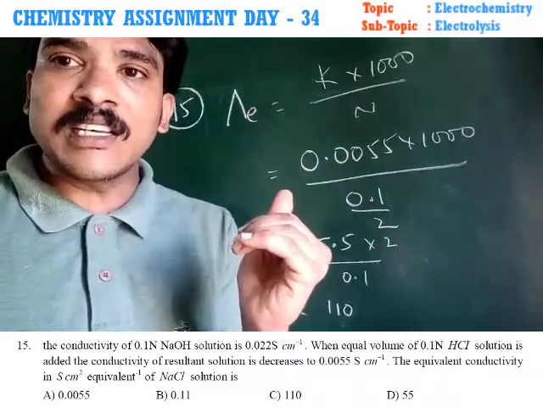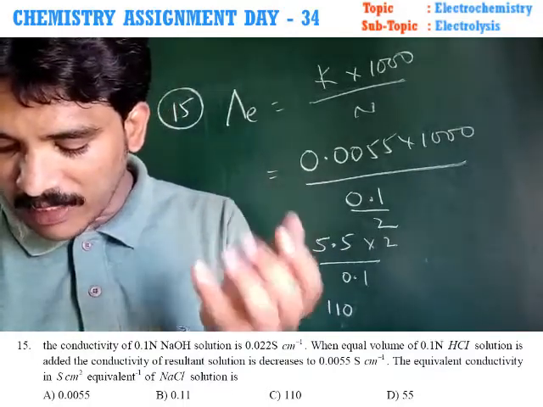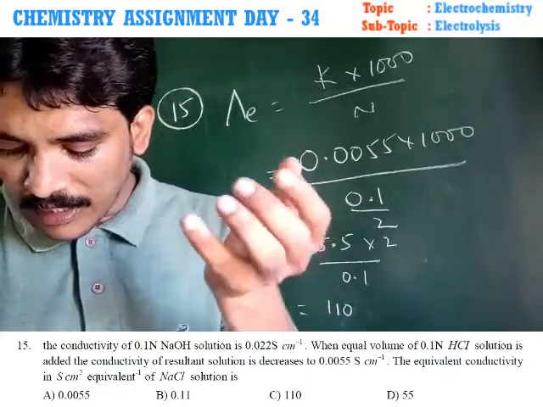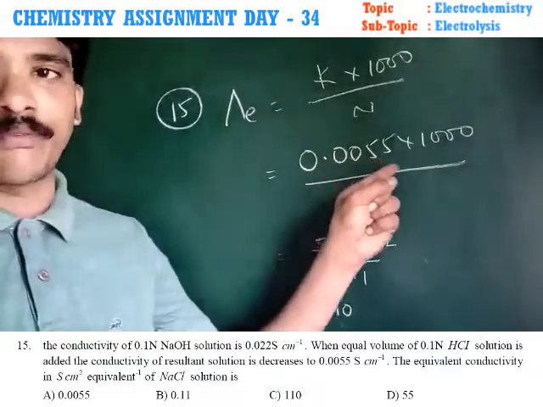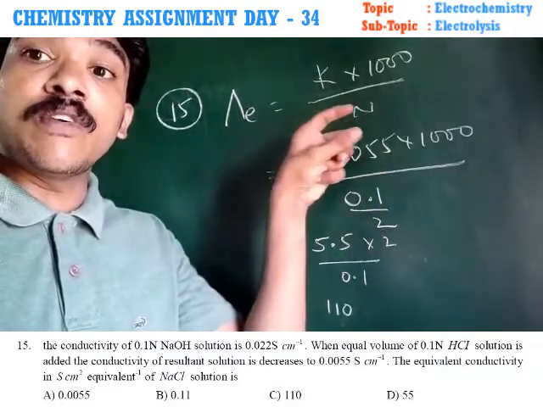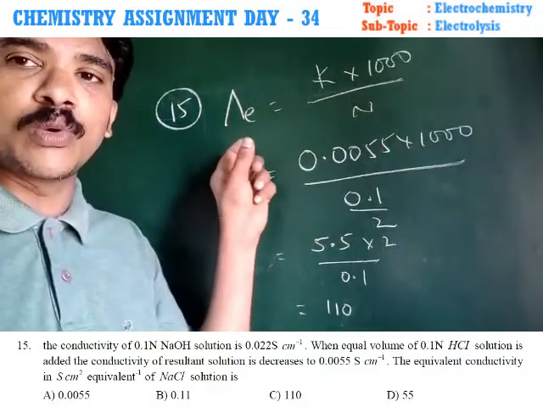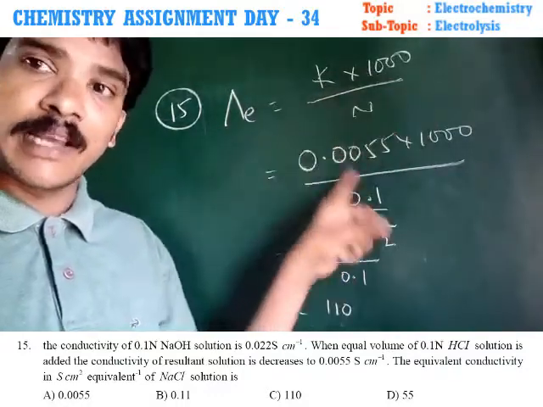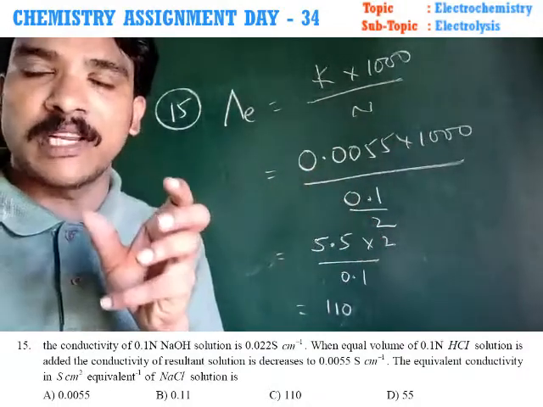Then the conductivity of the resulting solution decreases, and the value is given as 0.0055. Then lambda E is equal to the equivalent conductance, lambda E is equal to K into 1000 by normality. That is the formula. But how can you calculate the normality of the salt?